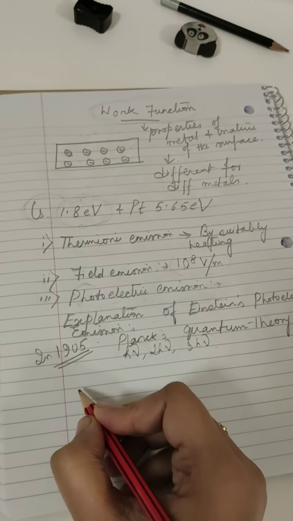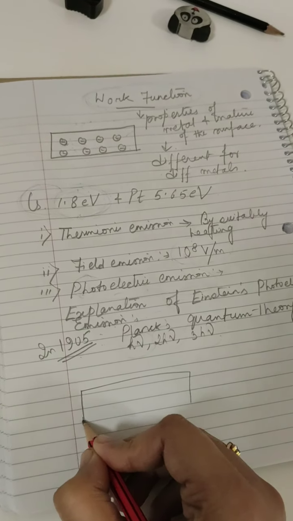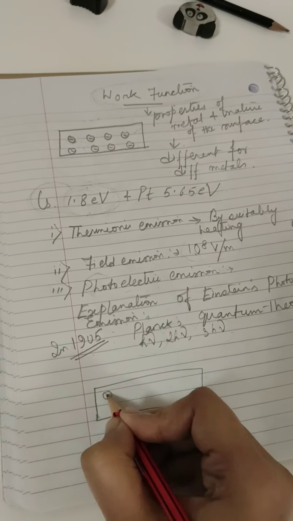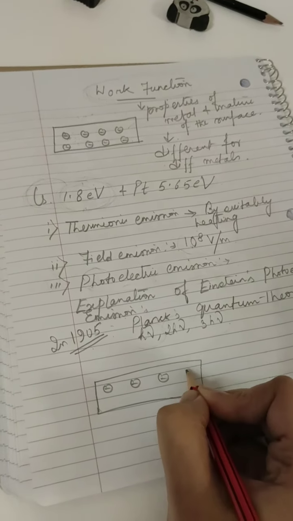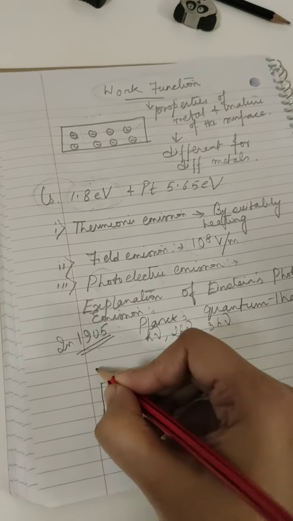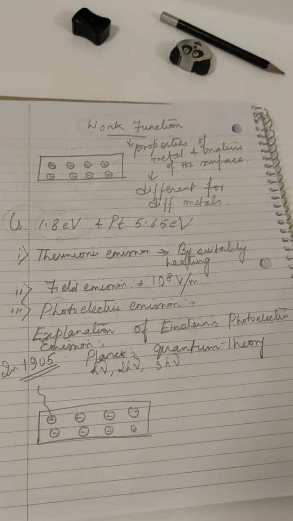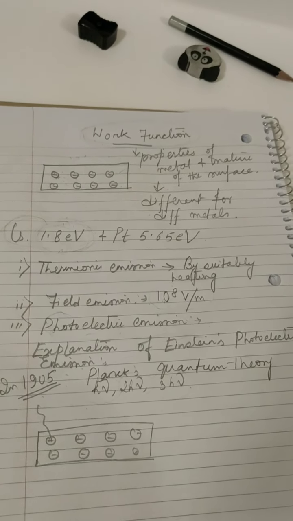That when a photon is striking a metal surface, or it is striking an electron, one single photon is responsible for the ejection of one single electron. Okay, that is what Einstein has proposed.